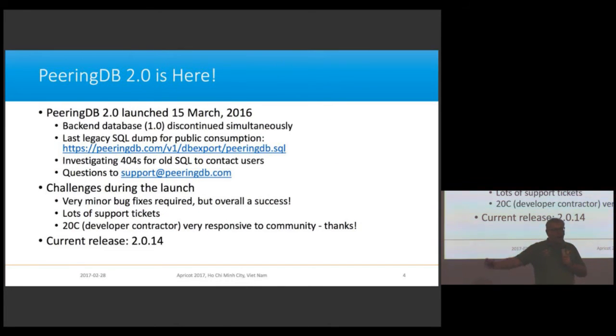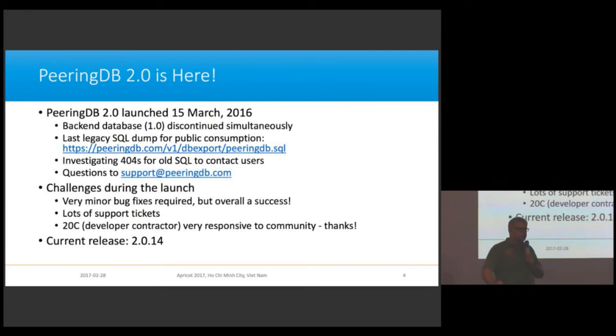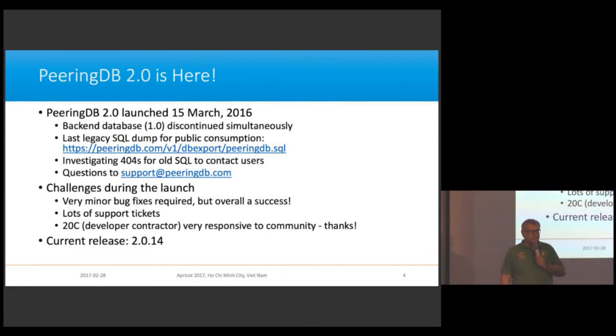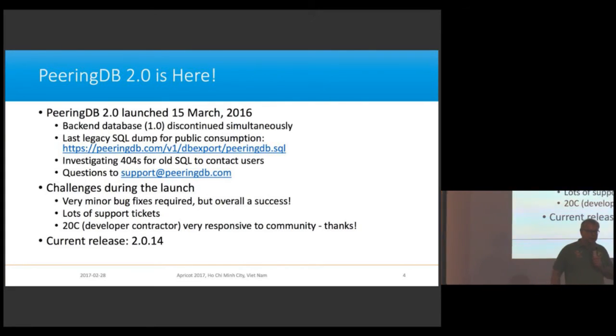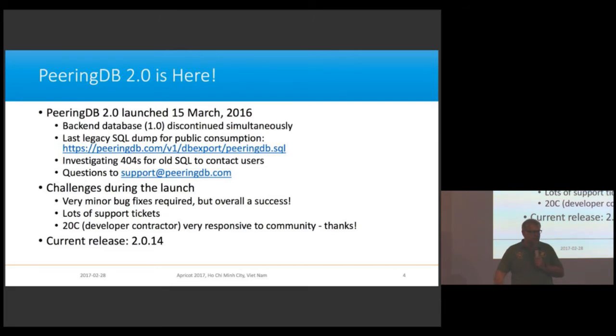So after roughly 2 years of hard work from our programmers, we launched PeeringDB 2.0 on March 15th, 2016. At the same time, we did a last dump of the old database, which is still available. The move from 1.0 to 2.0 went very smoothly.